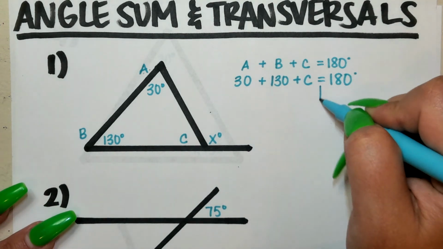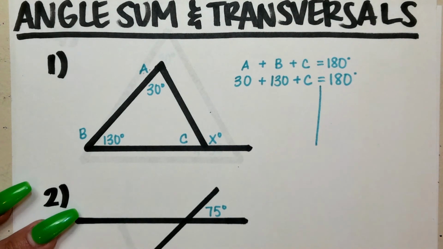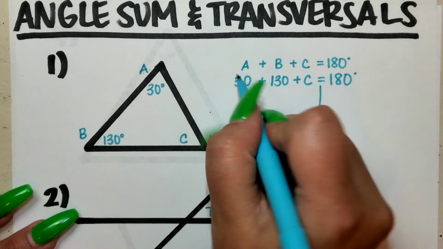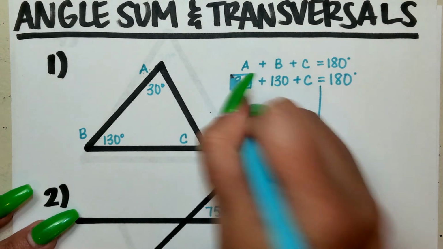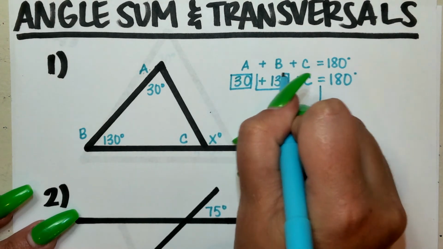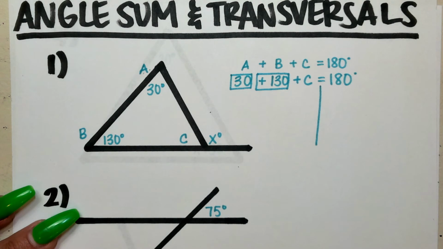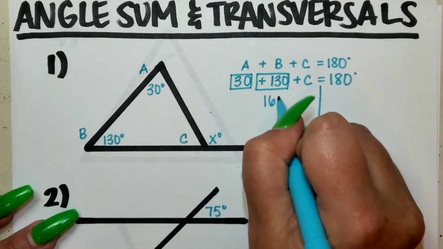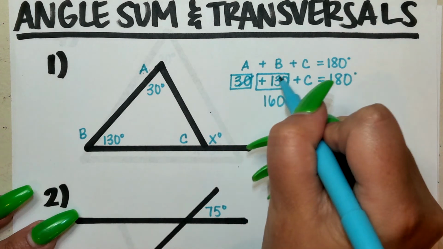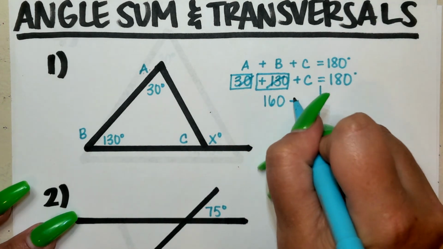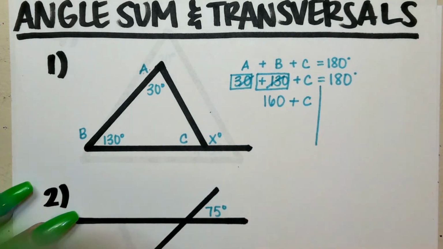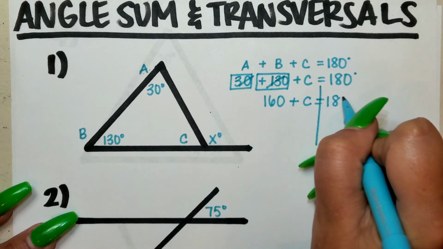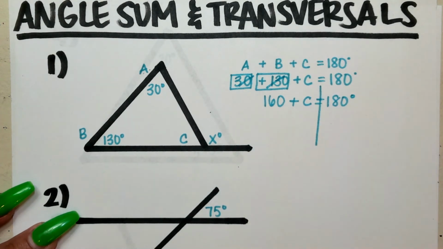Then I'm going to solve. I'm going to combine things that look the same. So I have 30 and positive 130. When I combine those, I get 160. So I can cross these off. And then I'm going to bring down the plus C equals 180.